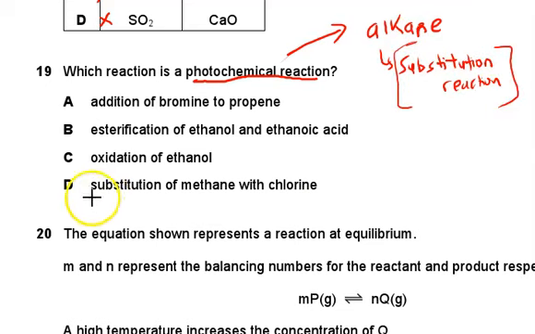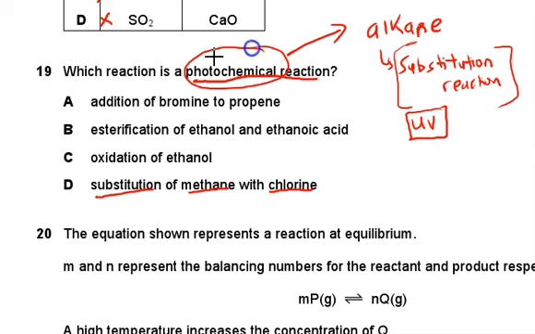Example as this: substitution of methane with chlorine. The condition for this reaction to occur needs UV light, which comes from a photochemical reaction. So your answer here will be D for 19.